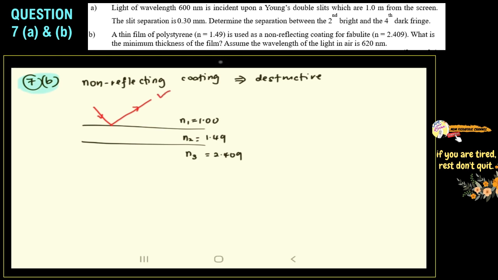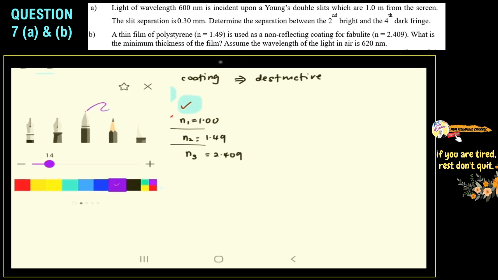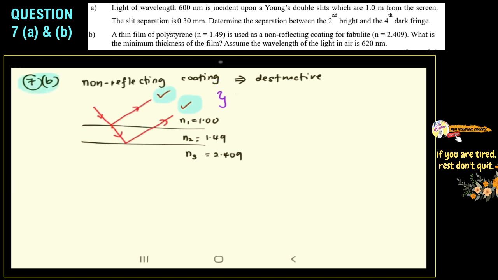For the second ray, the ray comes from n2 to n3, also from lower to higher refractive index, so there is a phase change for ray 2. So both ray 1 and ray 2 have the phase change, meaning they are in phase.